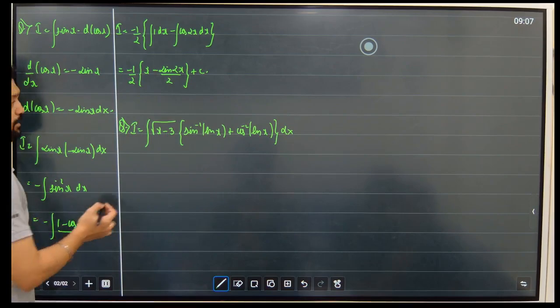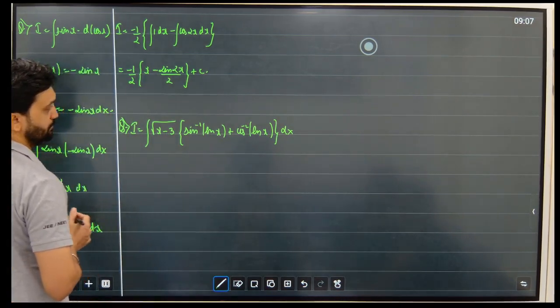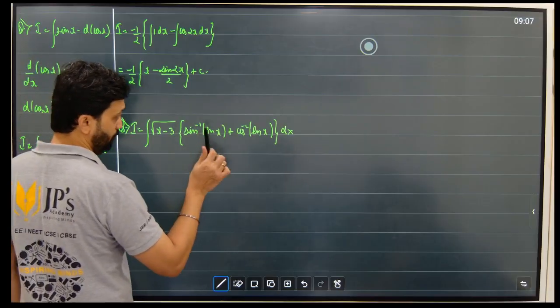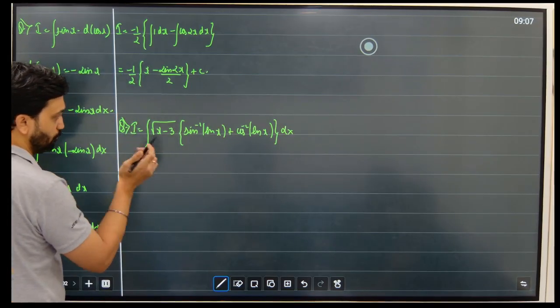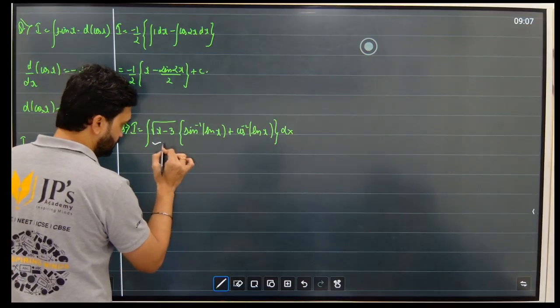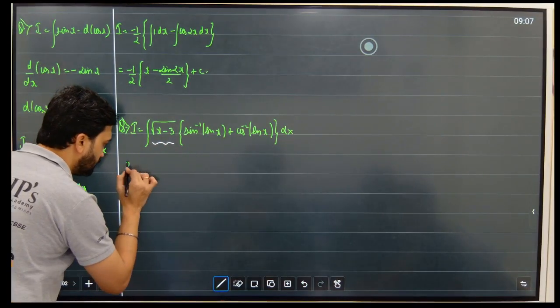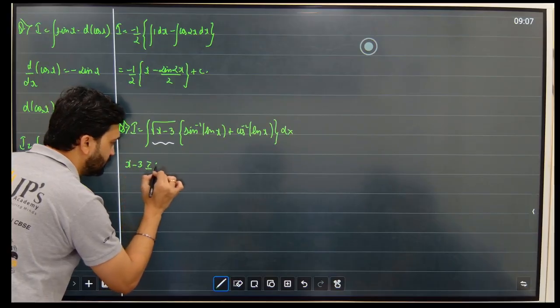Now, according to the formula, I know that sin inverse x plus cos inverse x is pi by 2. But look at this first. Here, x minus 3 should be greater than equal to 0.